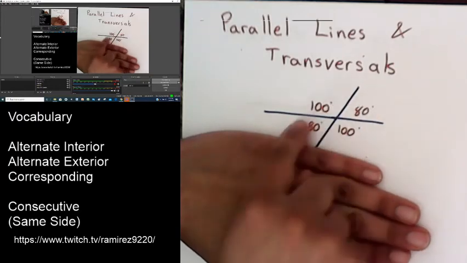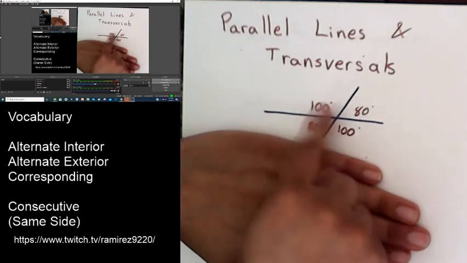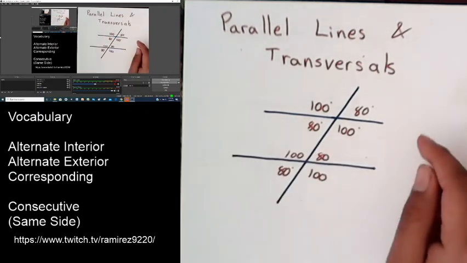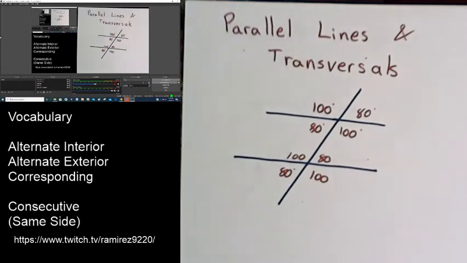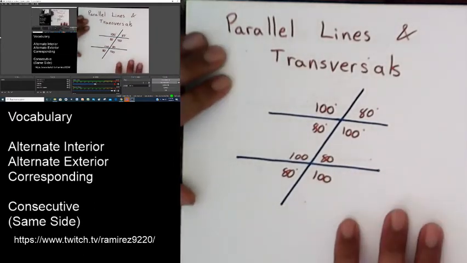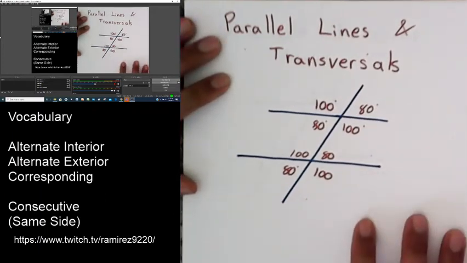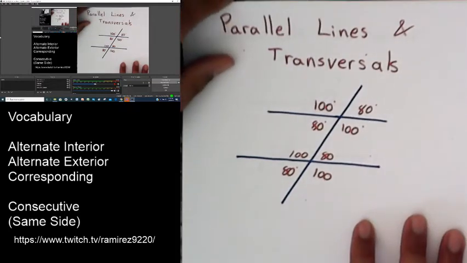These two are vertical angles, they're supplementary, right? And because the lines are parallel, those angles just repeat right below. I'm going to be going back and forth to this one right here to explain the relationship between the alternate interior, alternate exterior, corresponding, and consecutive angles.